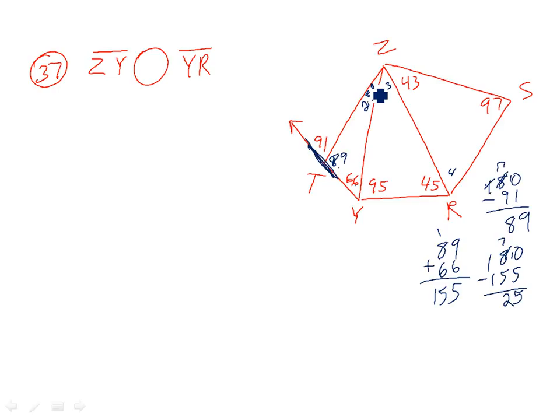Number 3. How you gonna find number 3, Chloe? No, let's have you do it. Come on, hurry up. Look, what do you have right here, Chloe? 45 plus 95.